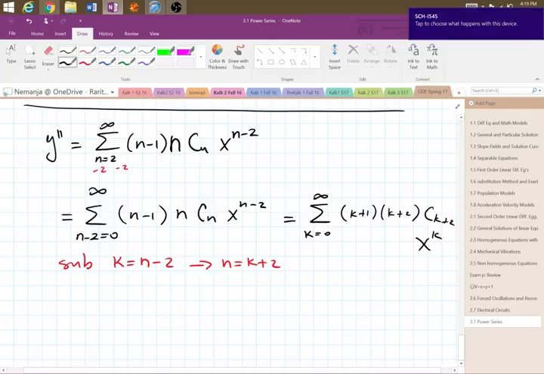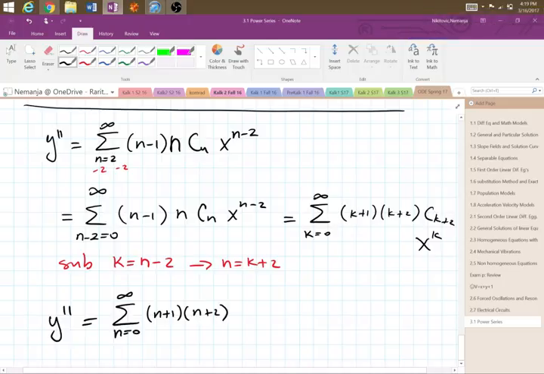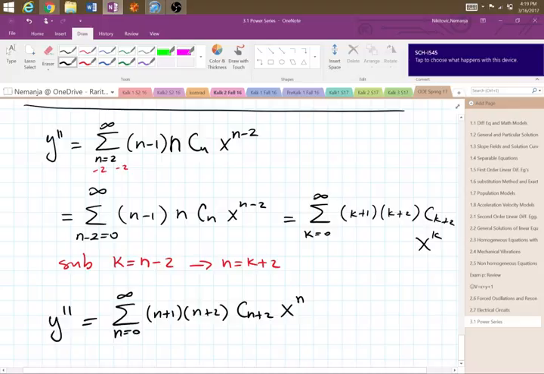So I found out that the second derivative, when I sub back n, is the sum from n equals 0 of n plus 1, n plus 2, Cn plus 2, x to the n. And now I can add them.